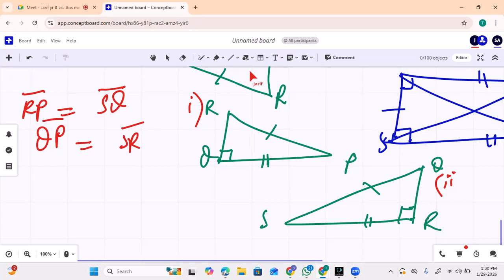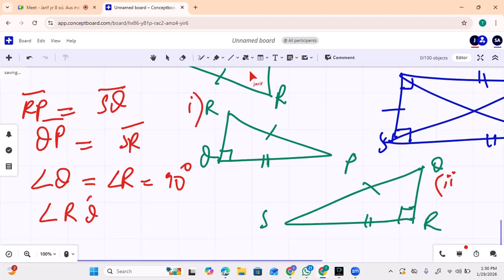And then we could also mention that angle Q is equal to angle R, which is equal to 90 degrees. Or we can also write that angle RQP is equal to angle SRQ.